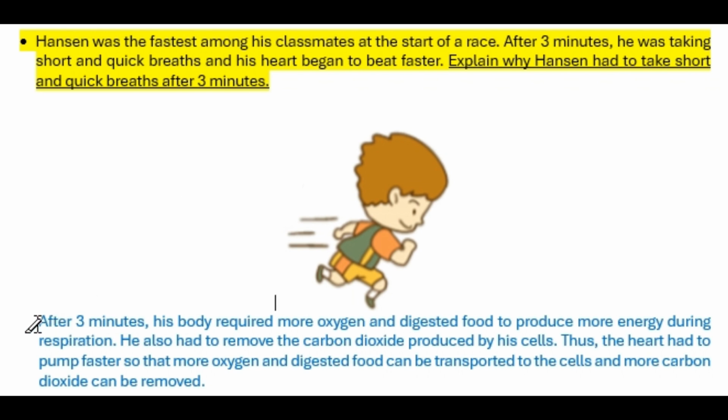After 3 minutes, his body required more oxygen and digested food to produce more energy during respiration. He also had to remove the carbon dioxide produced by his cells. Thus, the heart had to pump faster so that more oxygen and digested food can be transported to the cells and more carbon dioxide can be removed.